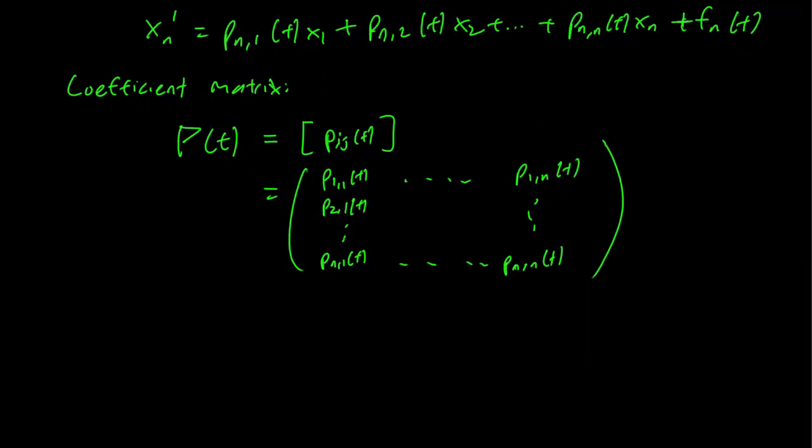So if we write x as simply x1 to xn, again these are all depending on t, I just didn't bother to write down the t dependence there.